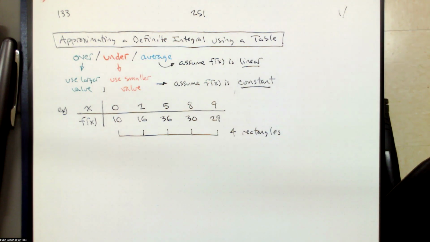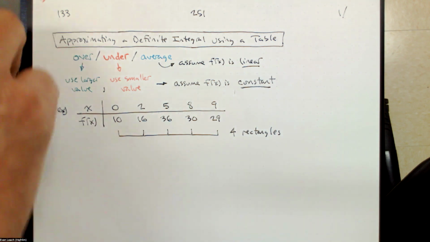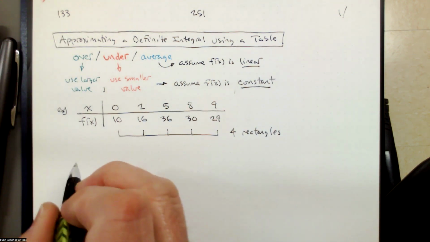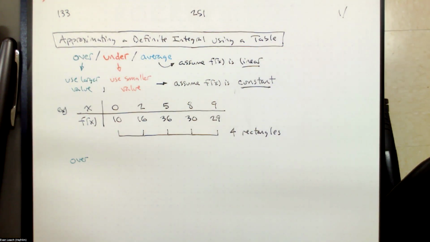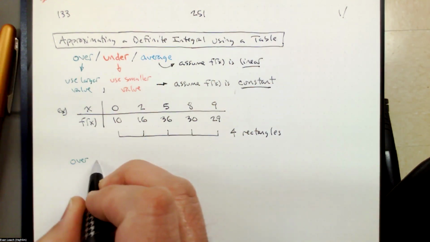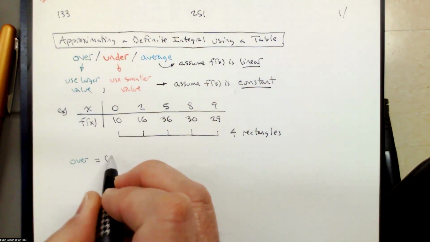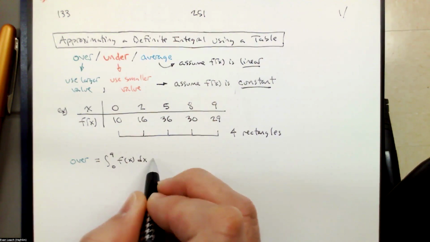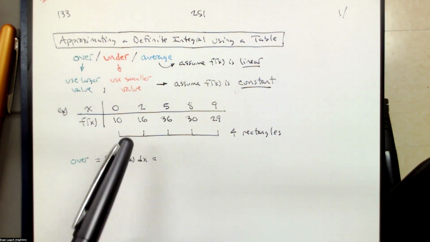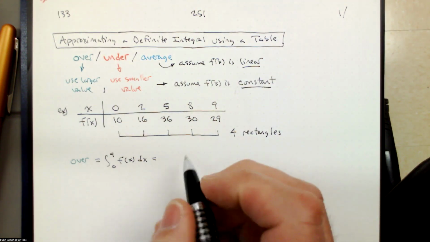When we're going to do an over-under, when we're going to think that the function is constant, we're going to imagine calculating the areas of 4 rectangles. So in our overestimate of the integral from 0 to 9 of f of x dx, the first rectangle is going to have a width of 2.